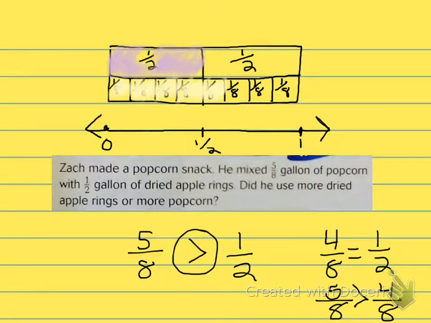Therefore, 5/8 is greater than 1/2. So using the benchmark half is very helpful when you can find the common denominator or find the equivalent fraction with the same denominator. In other words, if I'm thinking of half and I'm thinking of eighths, I know 4/8 is half. And half is always equal to a fraction where the numerator is half of the denominator.